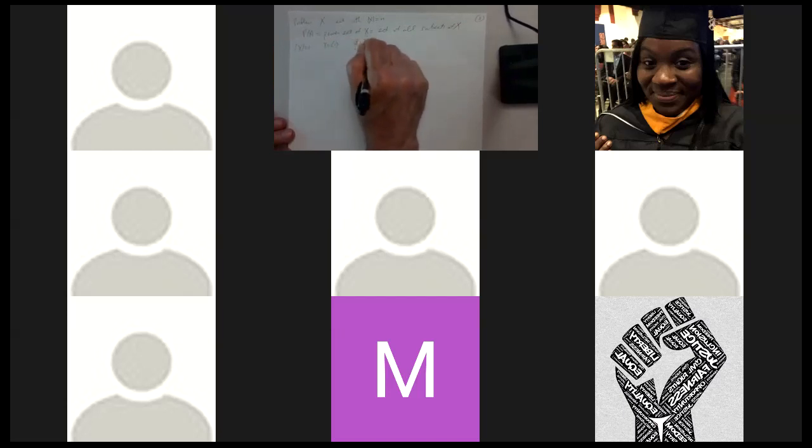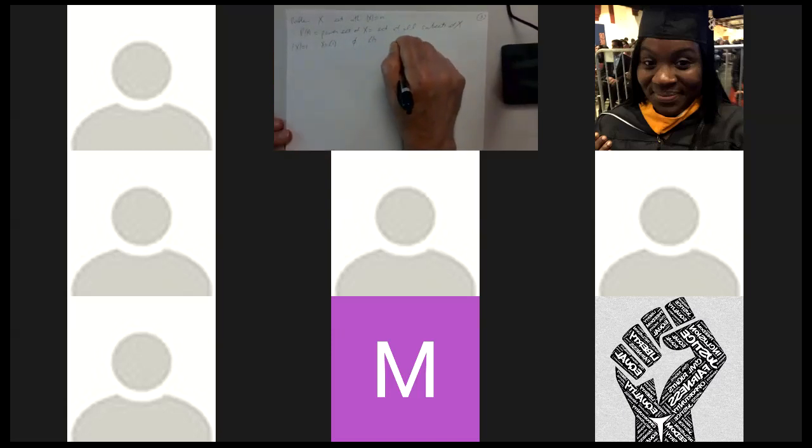The empty set and the set with 1 element. So altogether, the cardinality of this power set is 2, 2 to the power 1.